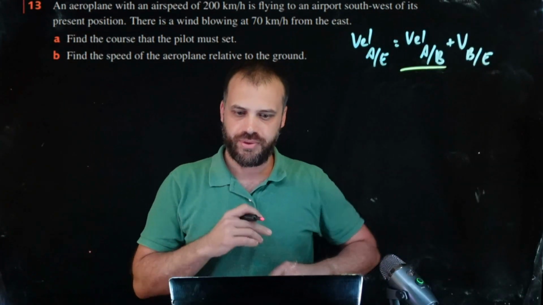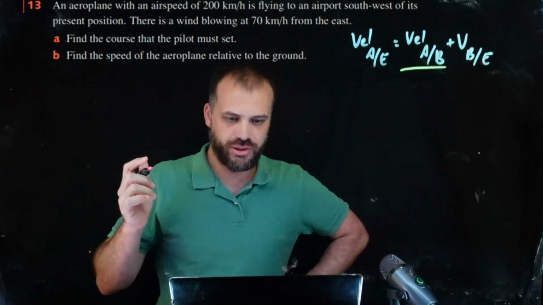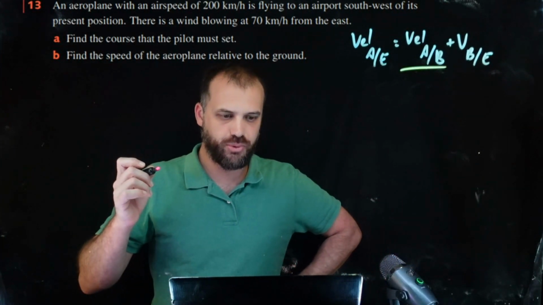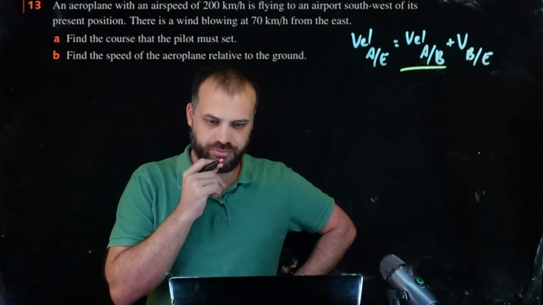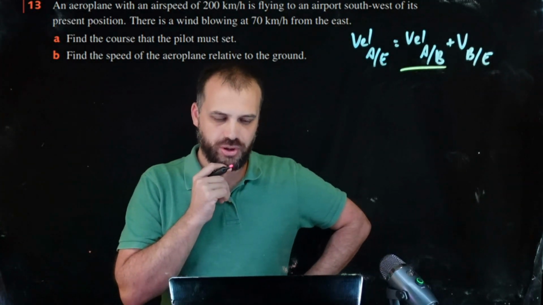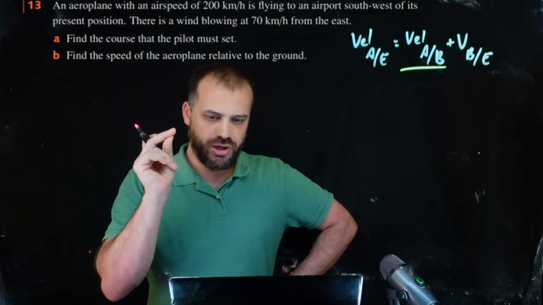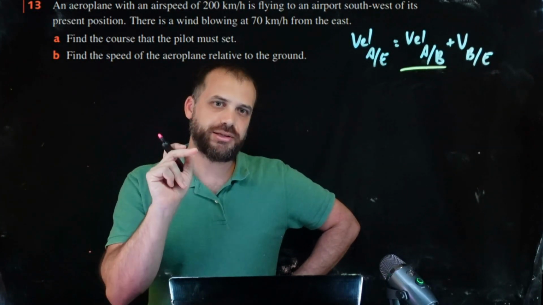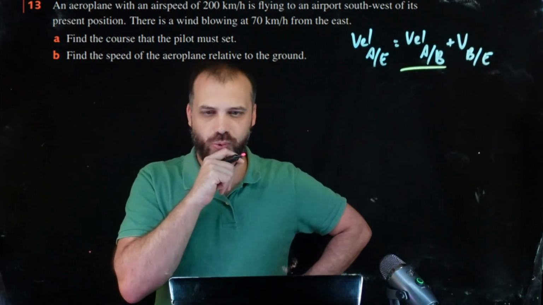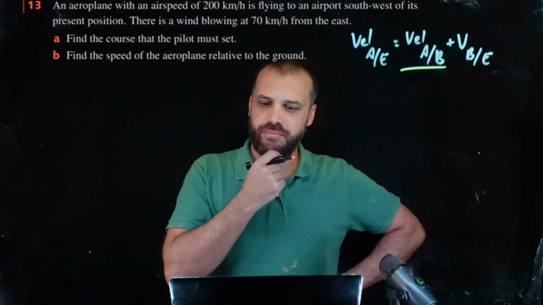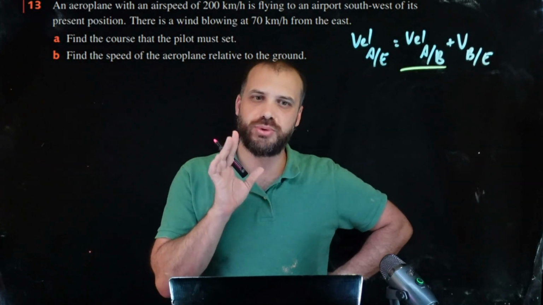Question 13. An aeroplane with an airspeed of 200 kilometers per hour is flying to an airport southwest of its present position. There is a wind blowing at 70 kilometers an hour from the east. Find the course that the pilot must set. Oh, okay, this is a good one, right? Because what do we know?